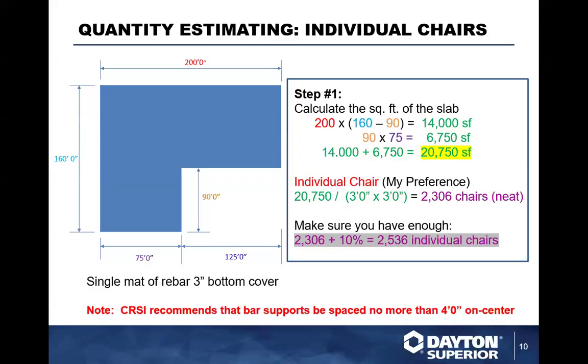Depending on quantities, how they're packaged, I would go probably anywhere from 2,400 to 2,500 chairs for this project. That would make sure that you'd have enough for the job and to take care of any other areas where you may have had to put an extra chair in, you lost a chair here, whatever. It would take care of all those situations.